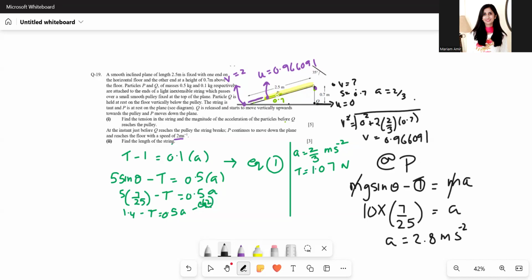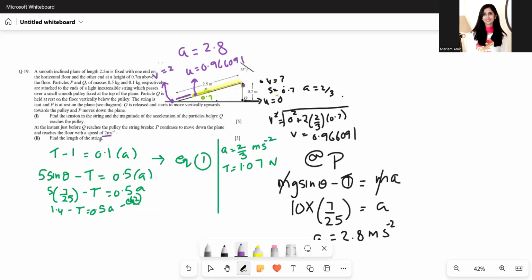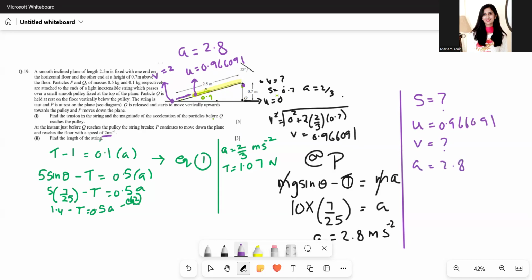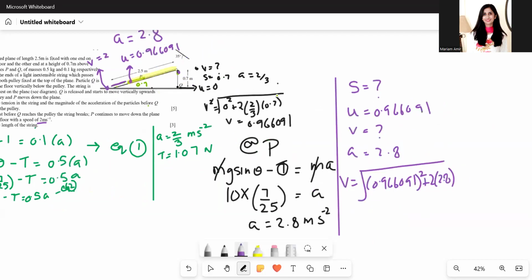So now we use this value of a here and find the distance. So we need S, we have U, we have V as well, and we have a as well. So again, we can use V squared equals U squared plus 2AS. We had V. V is 2.